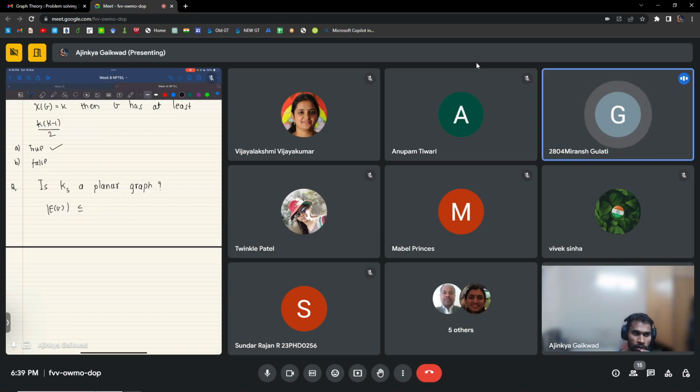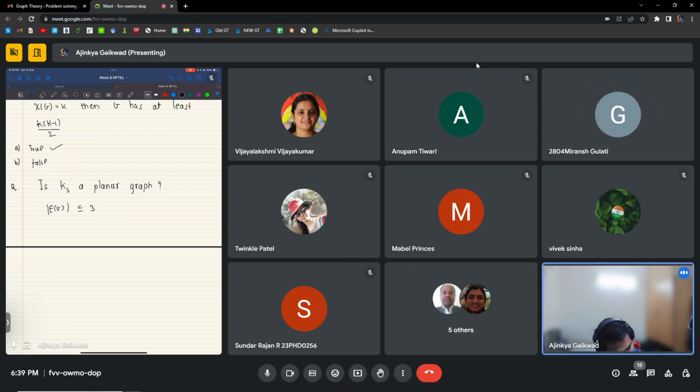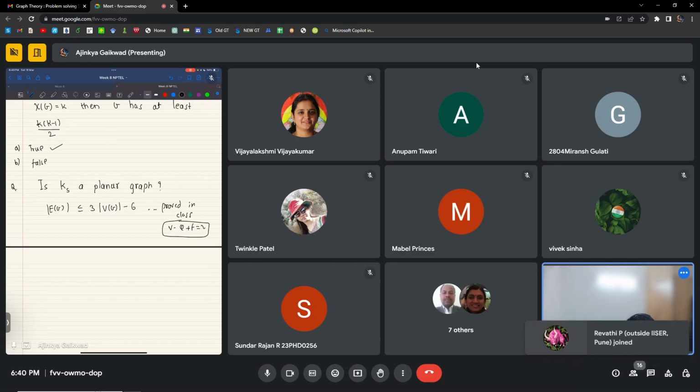Yes, 3v minus 6, exactly. This was proved in class using Euler's identity, which is v minus e plus f equals 2. This is something we have seen in high school, I hope all of you remember, that if you have a planar graph, v minus e plus f is equal to 2.